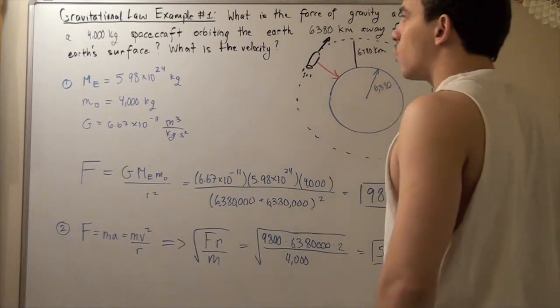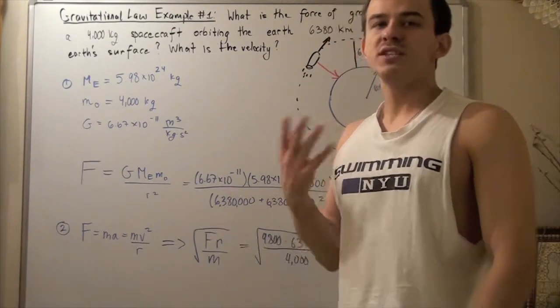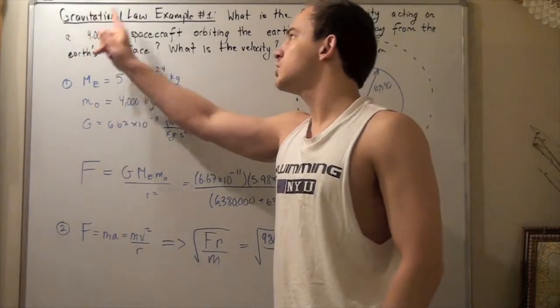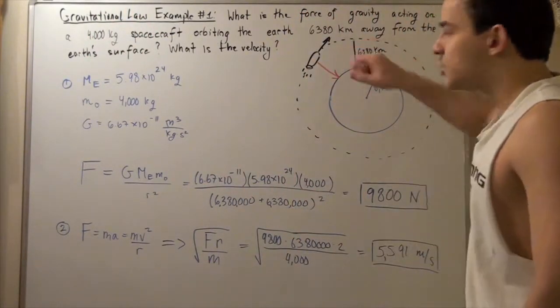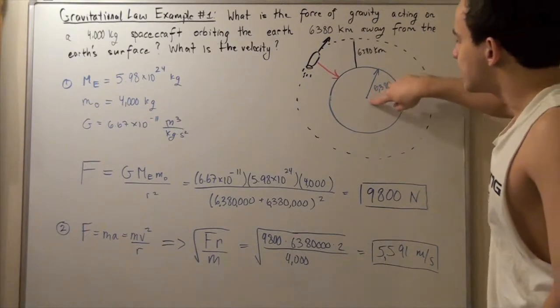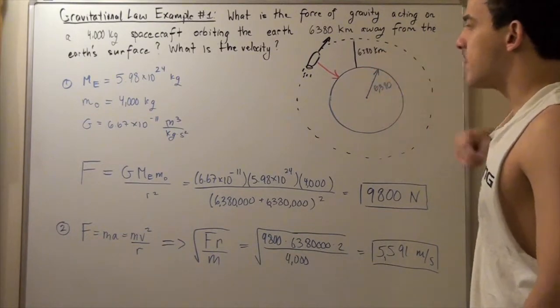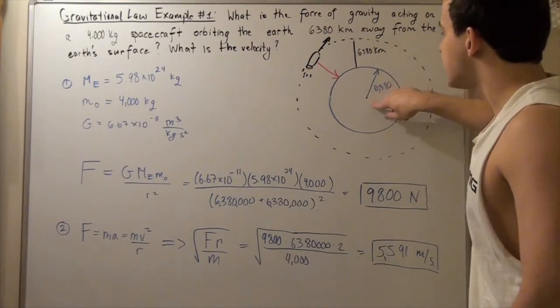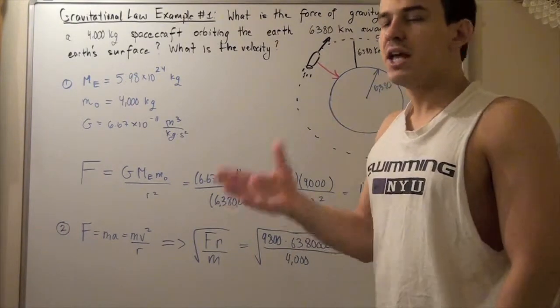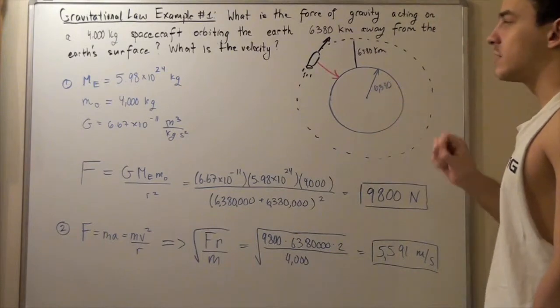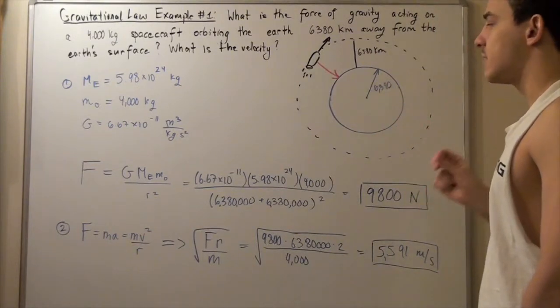And to find that force, to find its magnitude, we simply use our gravitational law. To find its direction, we simply note that direction always points to the center of the Earth, to the center of mass. And in this case, the center of mass coincides with the geometric center because we're making an assumption that our Earth has uniform density.